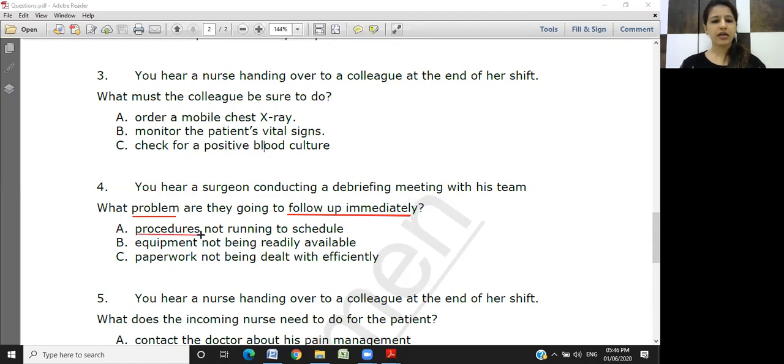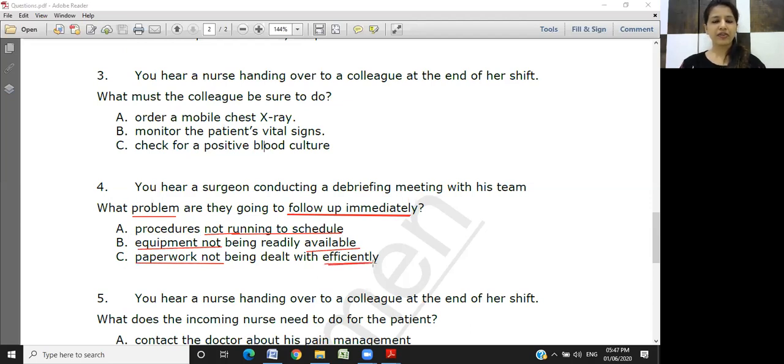Procedures not running on schedule. So maybe I would highlight not running to schedule. Is that the problem? Okay. Equipment not available. Or is it the paperwork that is not done efficiently?